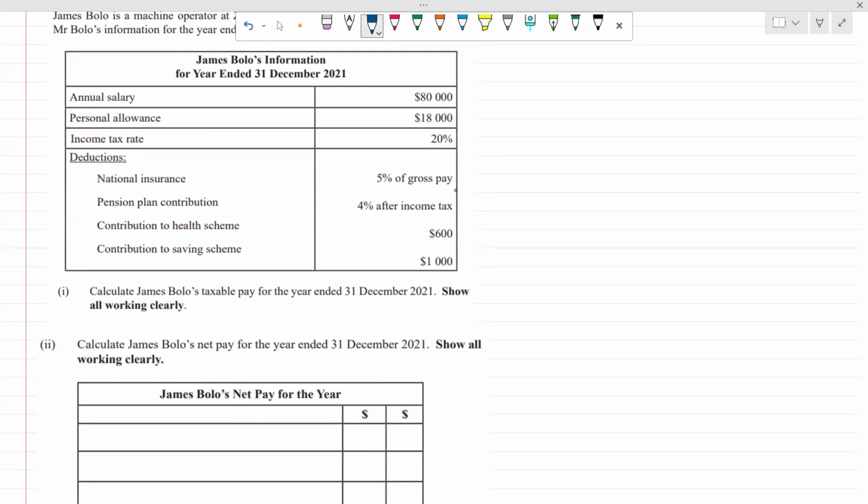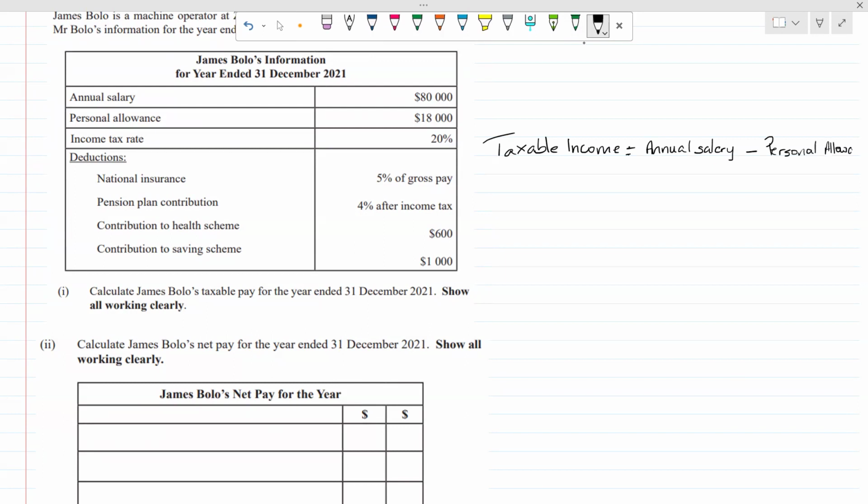So his taxable income, I'm going to do it on the side end, will be the annual salary minus the personal allowance.